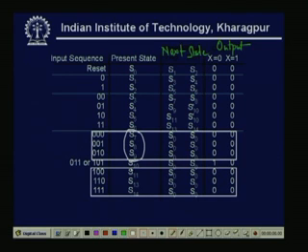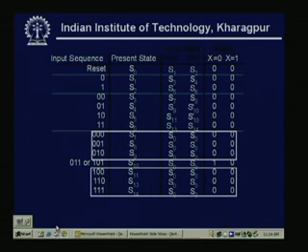Now, for the group of present states S11, S13, S14, the input combinations are different, but again the same next states and the same 0 0 outputs are observed.